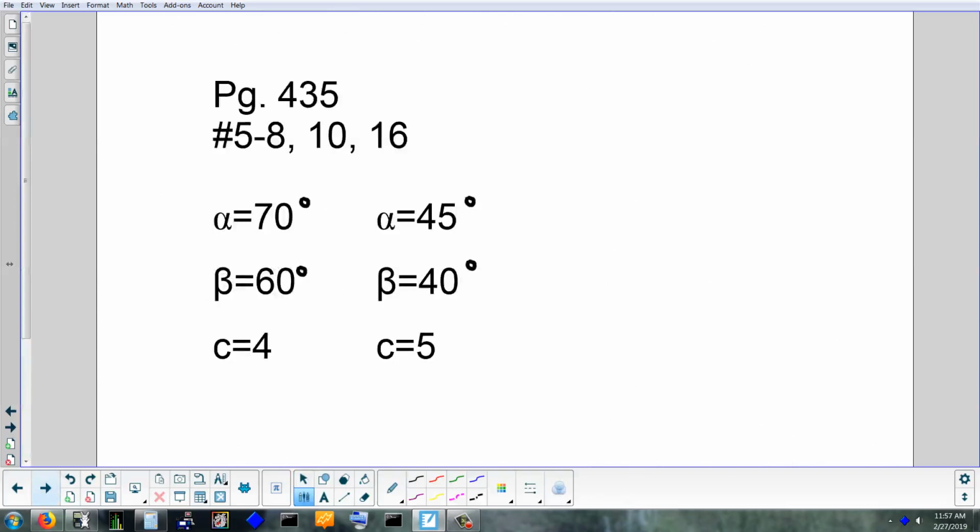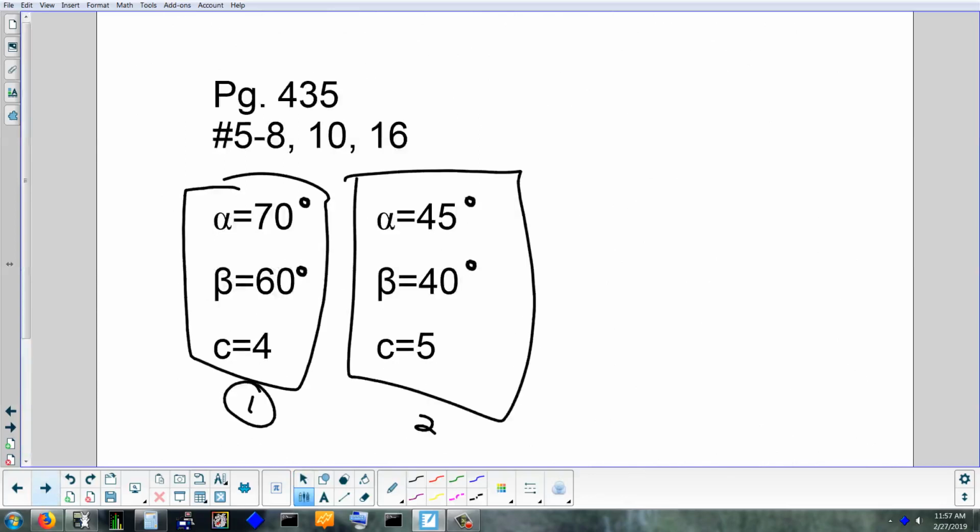All right, so the homework tonight. The 2 extra ones that I have on the board right here, 1 and 2, those are fine. You'll be able to do those. Are those A's? Yeah, those are alphas.